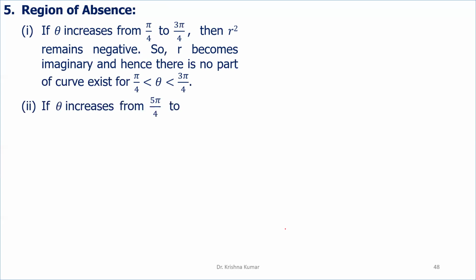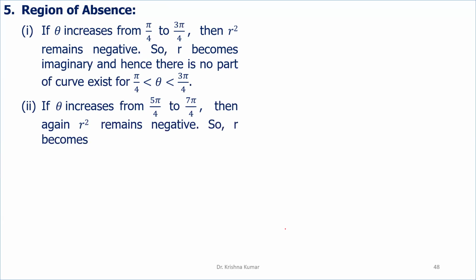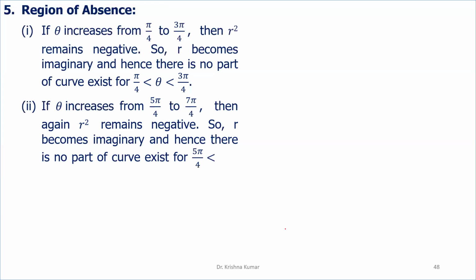If theta increases from 5 pi by 4 to 7 pi by 4, then again r square remains negative. So r becomes imaginary and hence there is no part of the curve for 5 pi by 4 less than theta and theta less than 7 pi by 4.